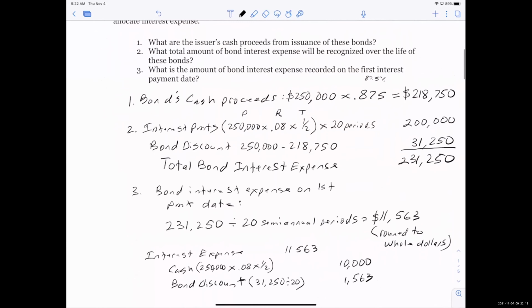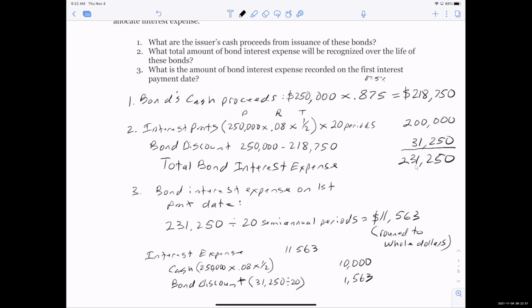Okay. So number 3, what is the amount of bond interest expense recorded on the first interest payment? Well, remember, if interest expense is 231,250, and we're going to have 20 periods, that means we're going to have to record interest expense of 11,563.